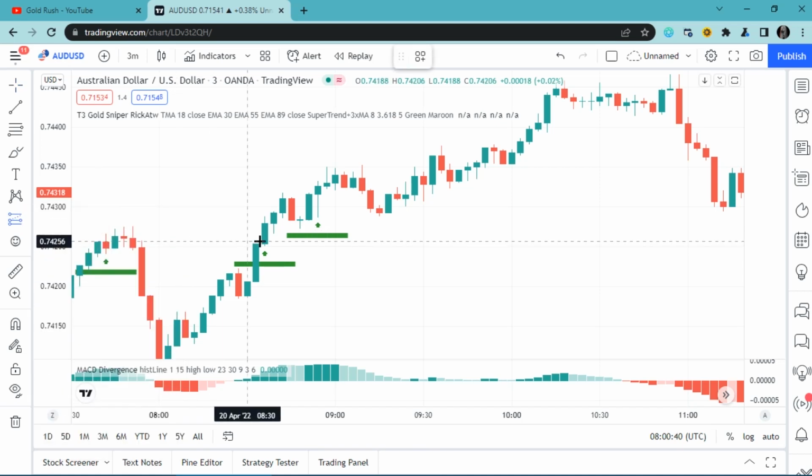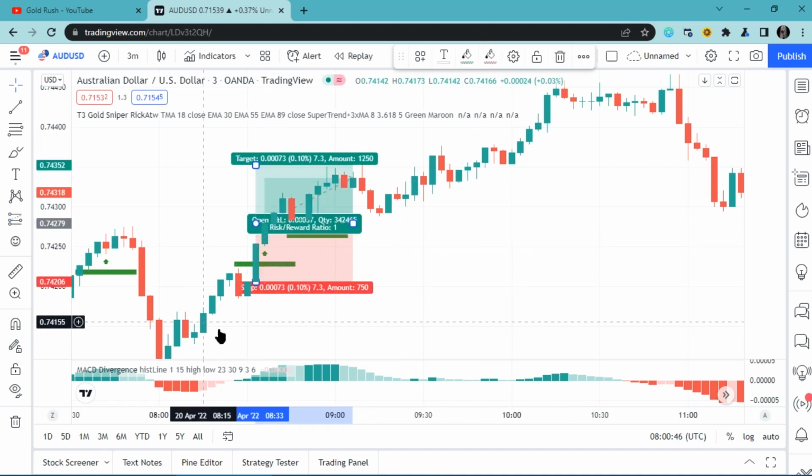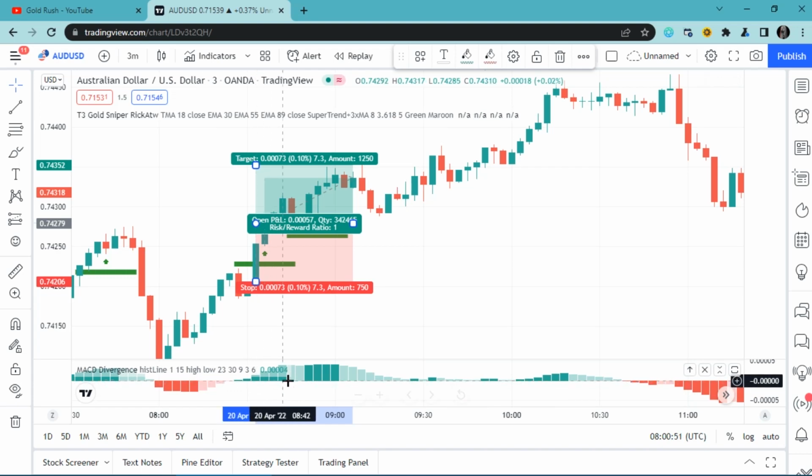This is a long position up here. Now we see right down here if this is above the zero line. Once you have confirmed these three things, you've seen the buy signal, you've seen the bullish candle, and the MACD divergence above the zero line, then you are clear for this beautiful trade.